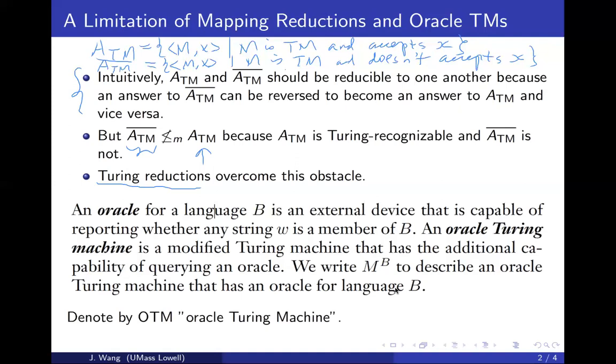An Oracle for a language B is an external device that is capable of reporting whether any string w is a member of B. Okay, so this Oracle is something like a more powerful thing, so it can give you an answer whether x is in B or not.